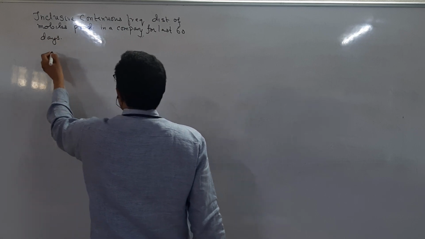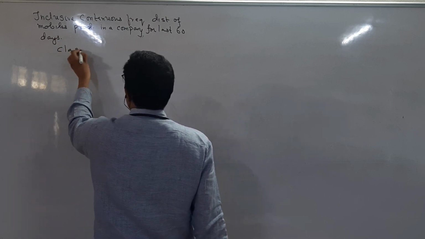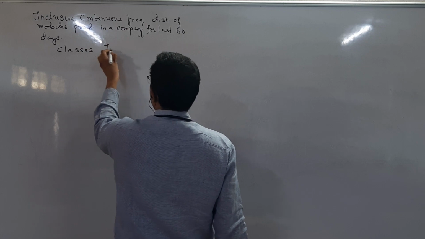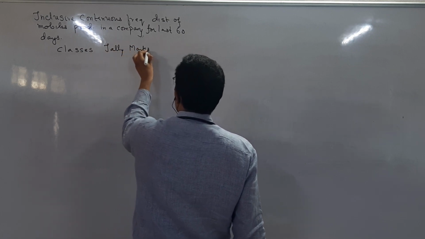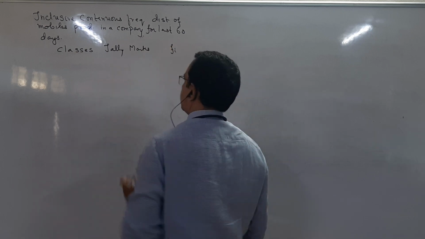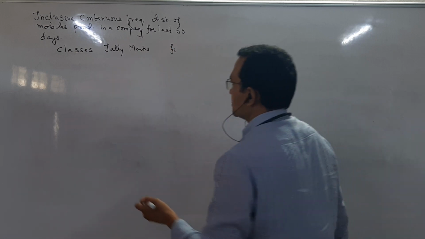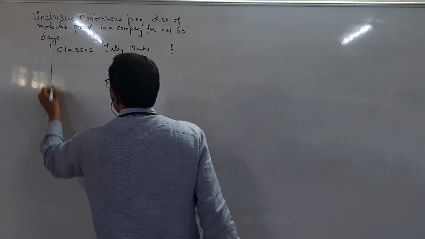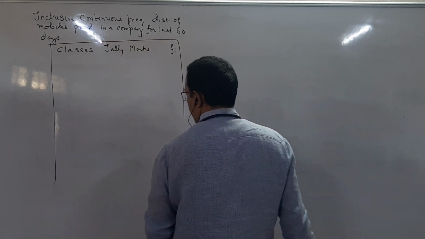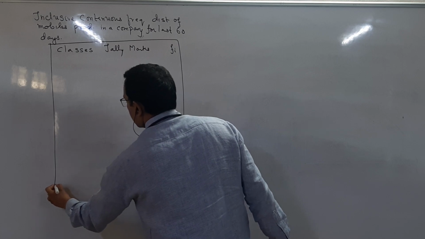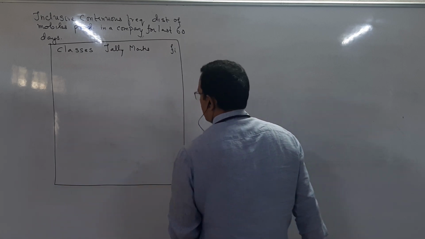Then we go for classes, tally marks and frequency. This is the table in which we have to be very careful and cautious.